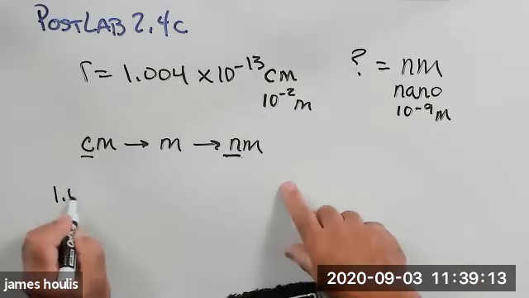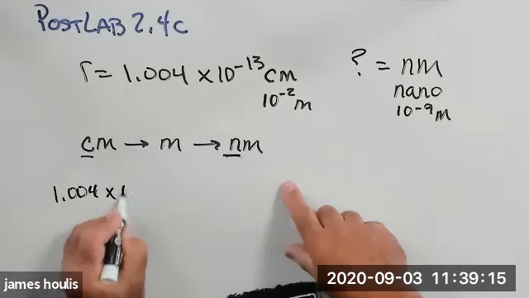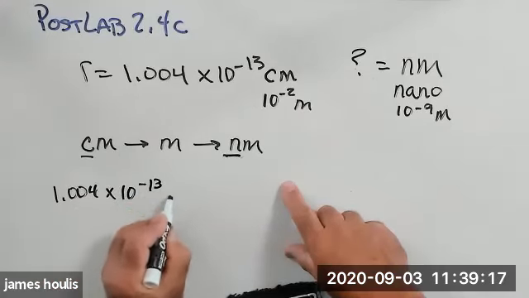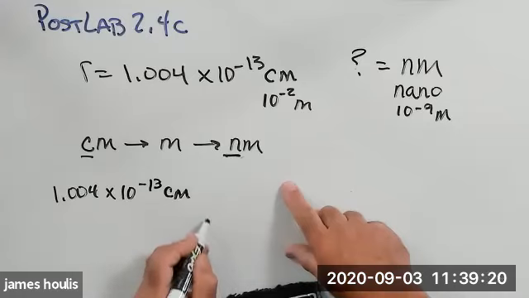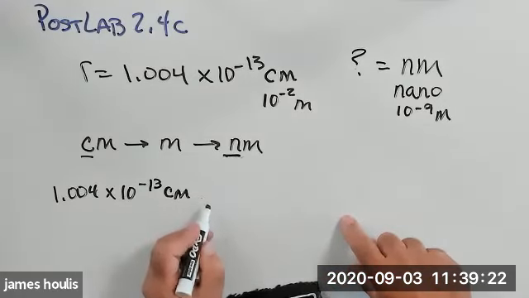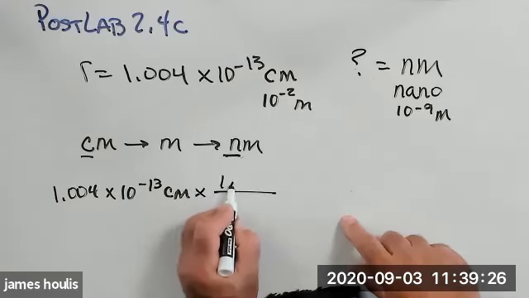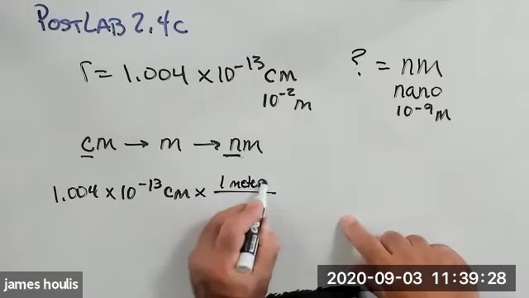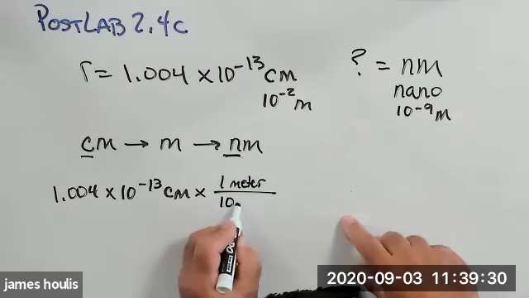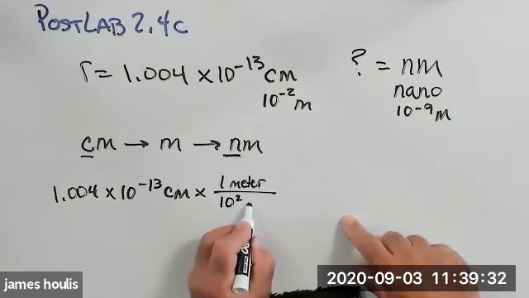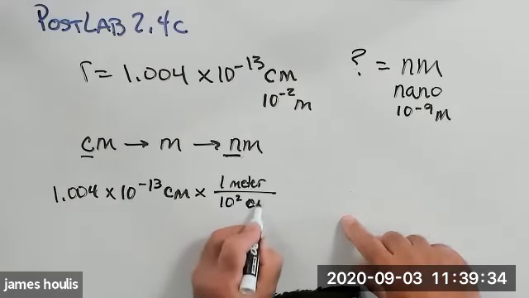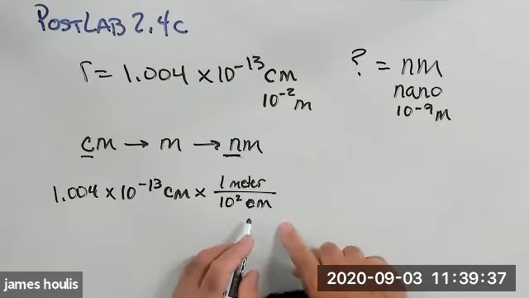We're going to take our number, 1.004 times 10 to the minus 13 centimeters. We want to convert to meters, so we're going to use the conversion factor: 1 meter is 10 to the 2 centimeters. And what does that mean?